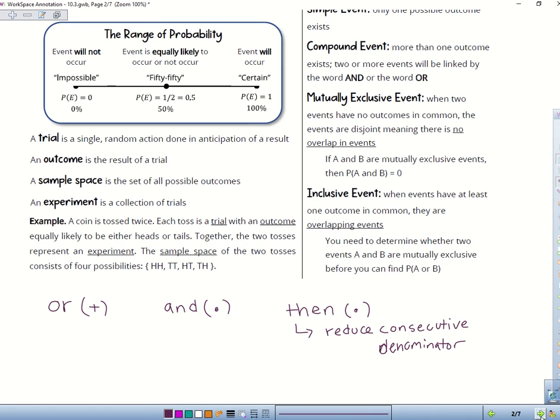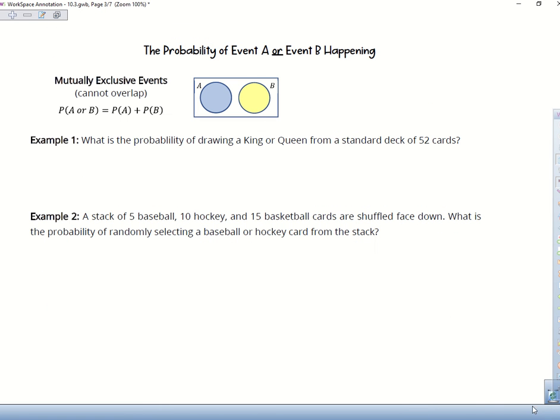Alright, so let's go ahead and do some examples. So let's talk about the probability of an event happening. These are mutually exclusive events, okay? And these are ors. You see the word or is used, which means that it's going to be addition, okay? So what is the probability of drawing a king or queen? So out of a standard deck of 52 cards, how many kings are in a standard deck of cards? 4.